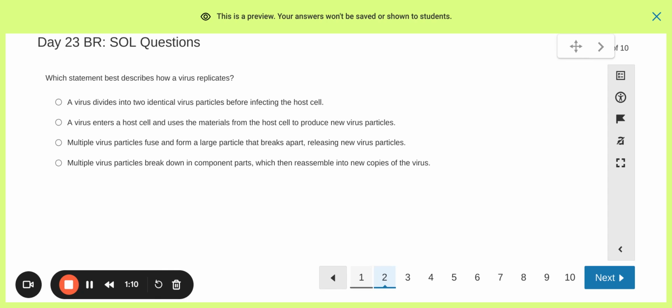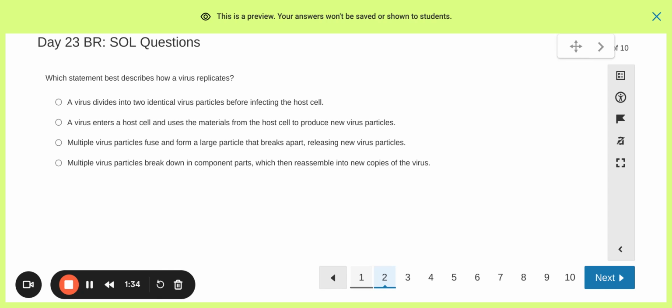Well, no, it can't reproduce on its own. A virus enters a host cell and uses the material from the host cell to produce new virus particles, definitely involving a host there. Multiple virus particles fuse and form a large particle that breaks apart, releasing new virus particles.